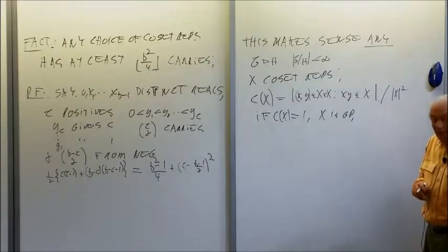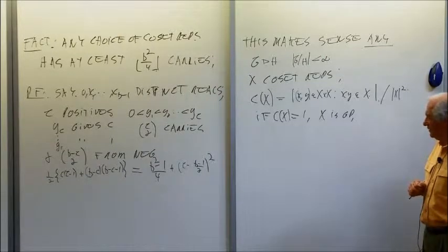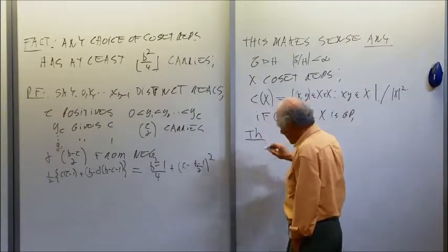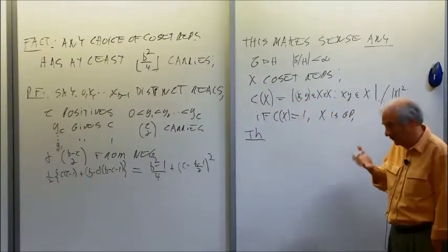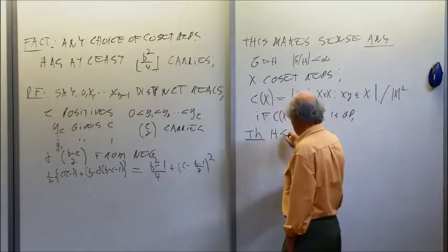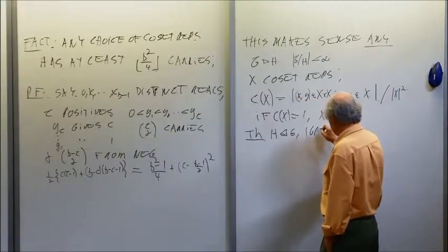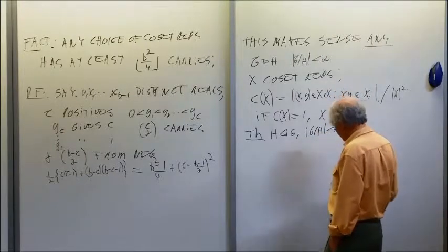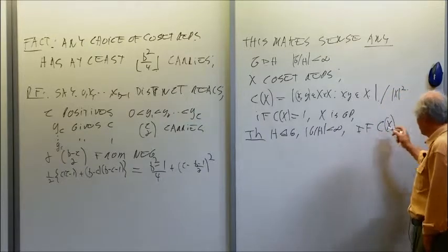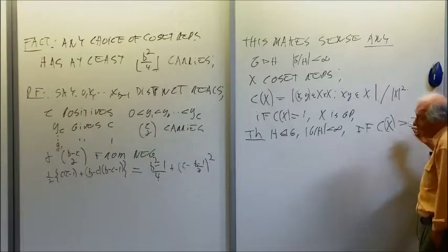So a theorem that we proved after a while of honing it down is the following. H is a normal subgroup of a group G with finite index. If C of X, the number of good things, is close to 1, is bigger than 7/9, then the extension splits.